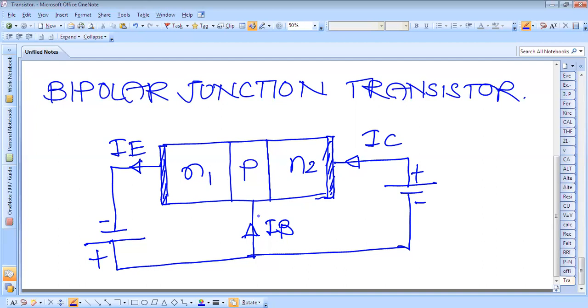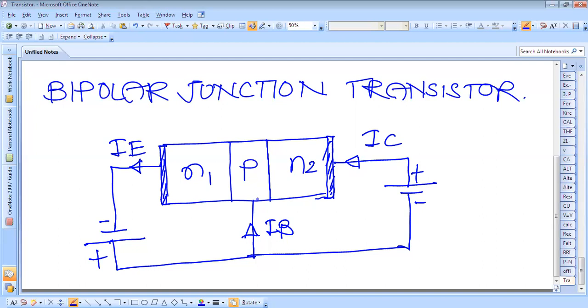Another junction is formed by PN2. The junction N1P is biased in the forward direction by the battery B1.